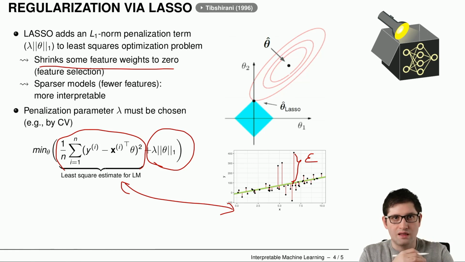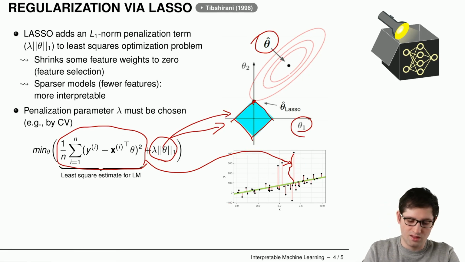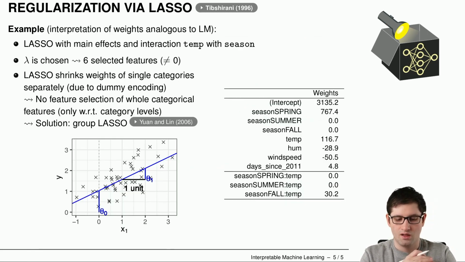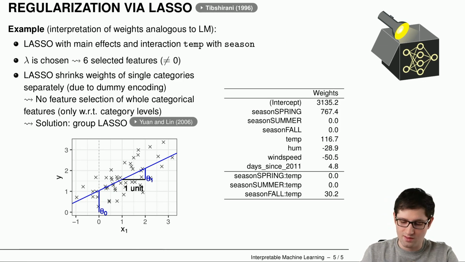LASSO in the end allows us to obtain sparser models with fewer features and therefore also an interpretable model. One thing that needs to be selected by the user is the so-called regularization parameter lambda, and this is usually chosen by cross-validation.